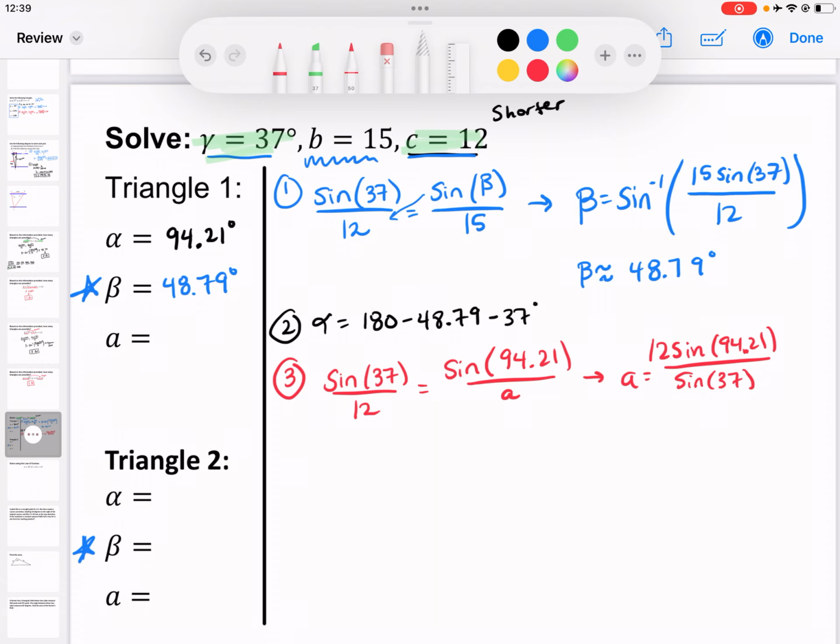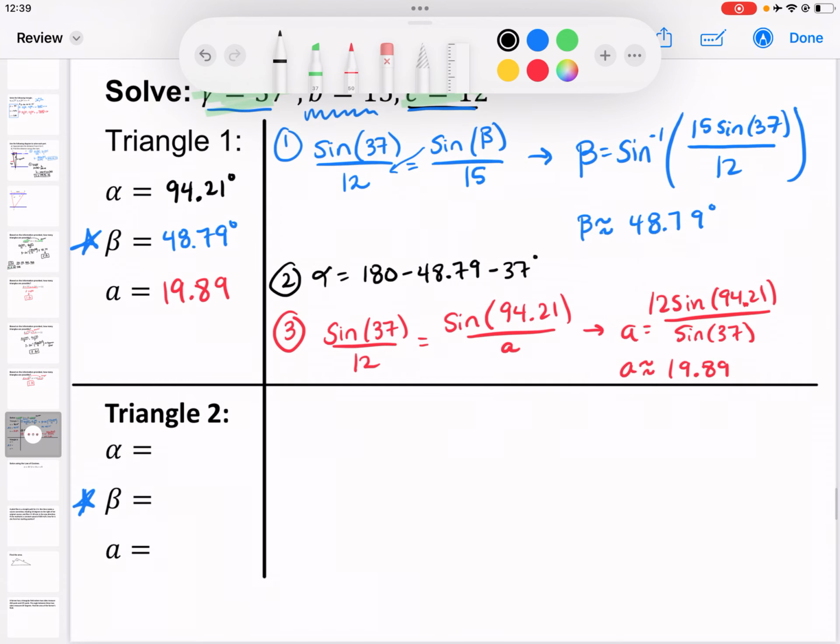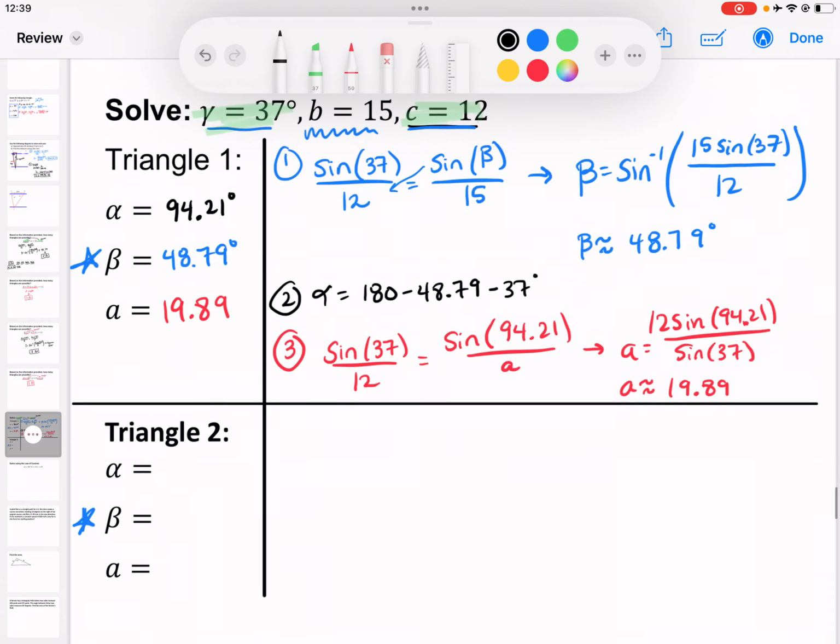So 12 sine of 94.21. All right, so we've got that A is about 19.89. Sweet. So we found everything for triangle 1.